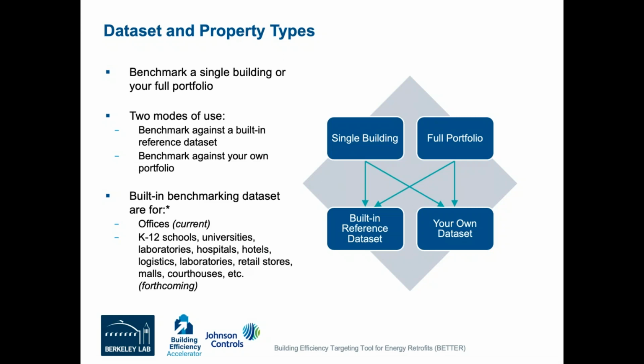Or, if you've got a large enough portfolio, again, 30, 50, 60, 70 buildings, you can benchmark any given building in that portfolio against your own reference data set. Better can auto-generate benchmark statistics customized for your specific portfolio.